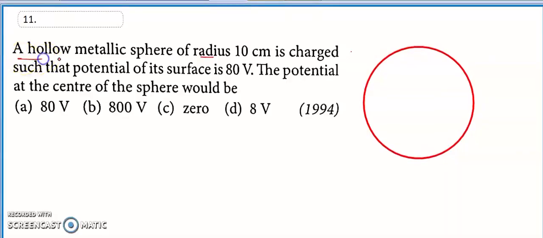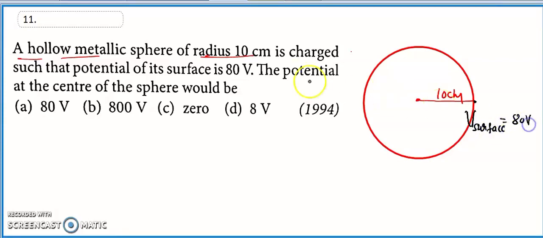A hollow metallic sphere of radius 10 centimeter is charged such that the potential on the surface is equal to 80 volt. What is the potential at the center?